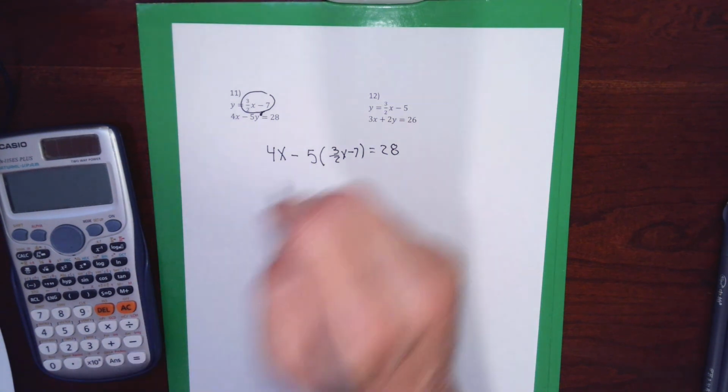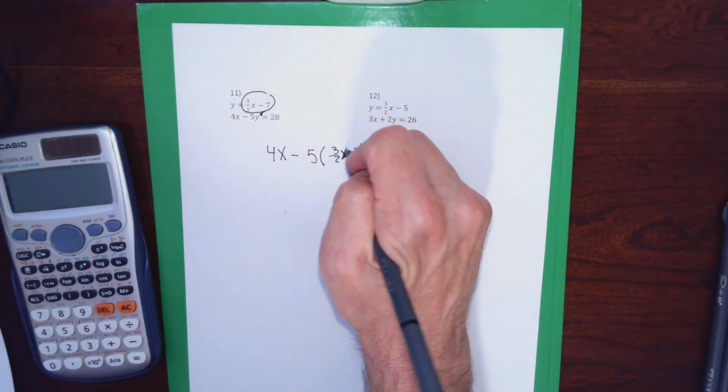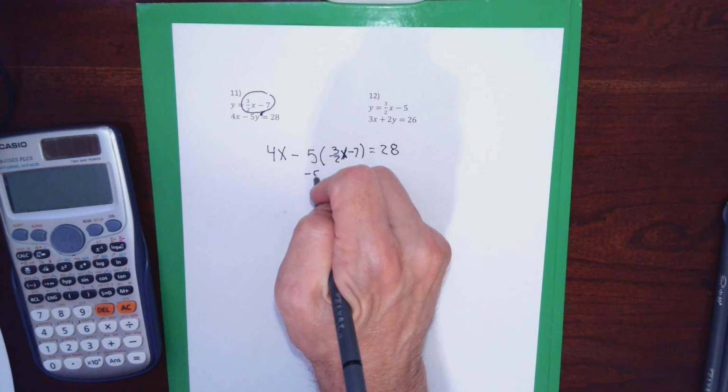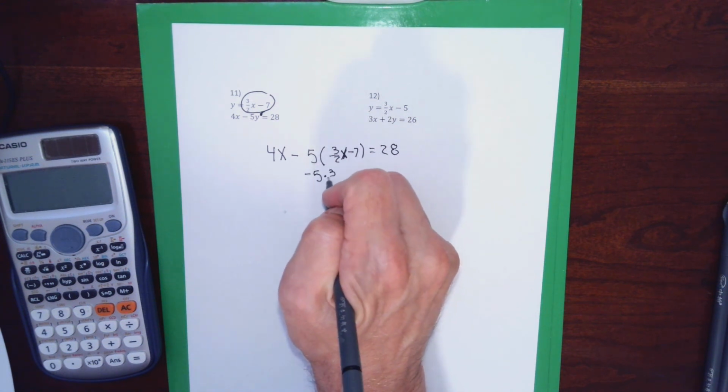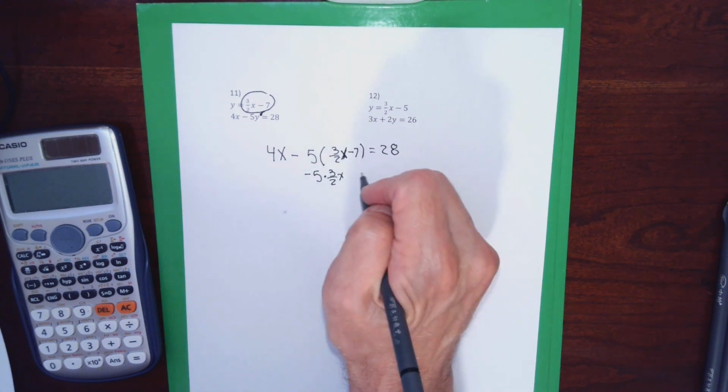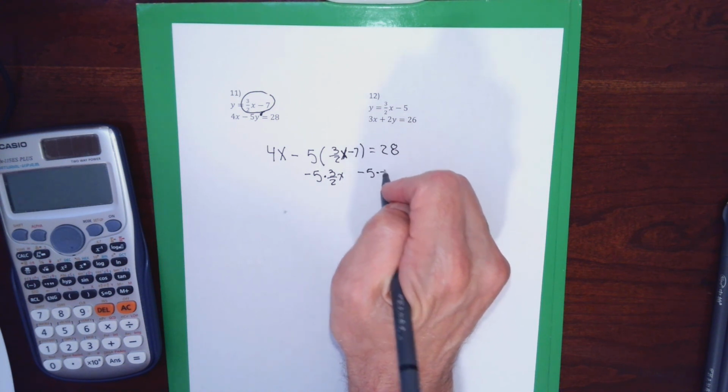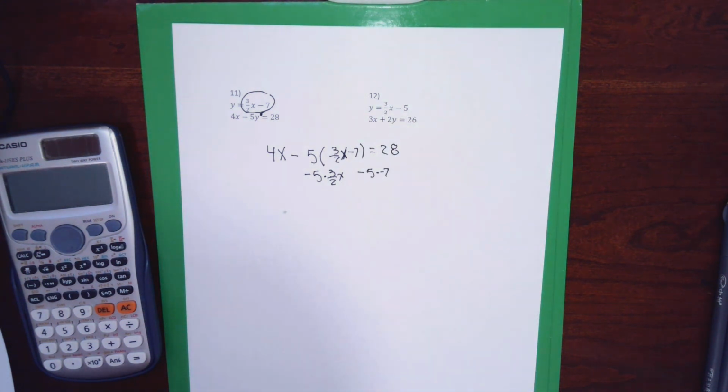Well, let me worry about this. I need to clear the parentheses. I need to do minus 5 times 3 halves x and minus 5 times minus 7 to clear that parentheses.